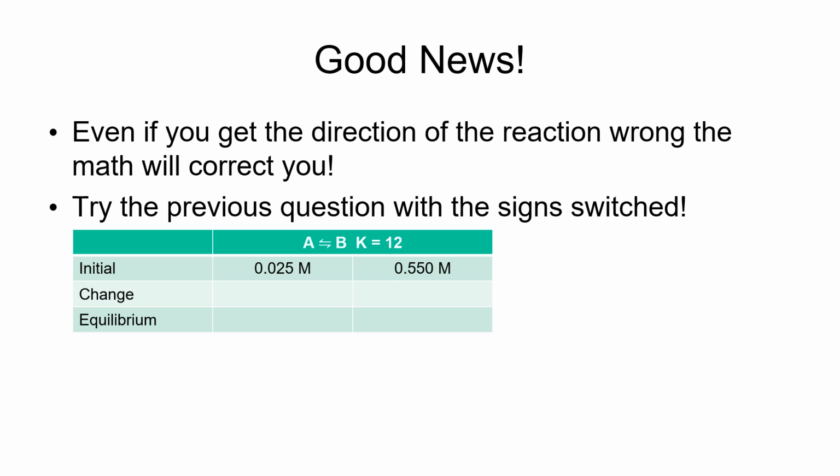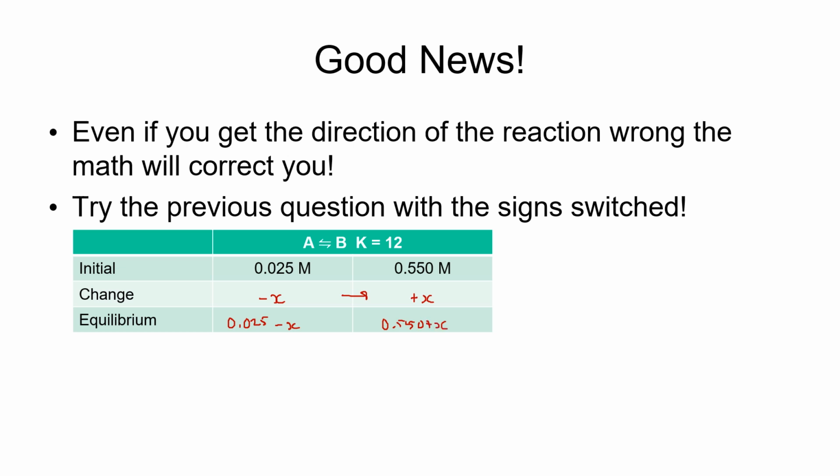Anyways, just to show you that that's the case, if we thought the direction was going this way instead, that would be a minus x here and a plus x here, so 0.025 minus x, and this would be 0.550 plus x.